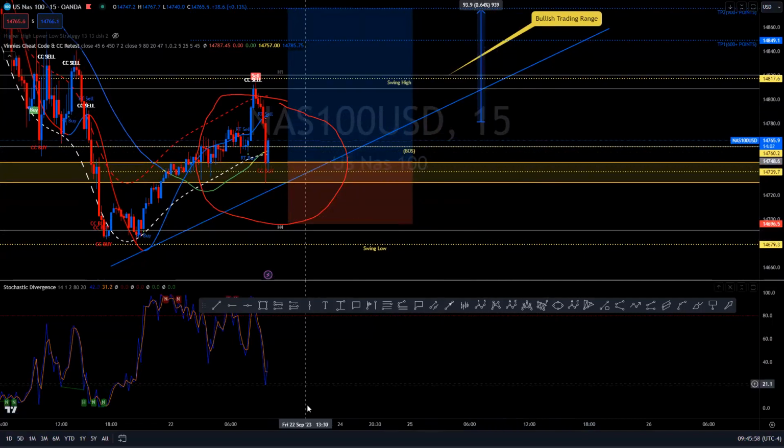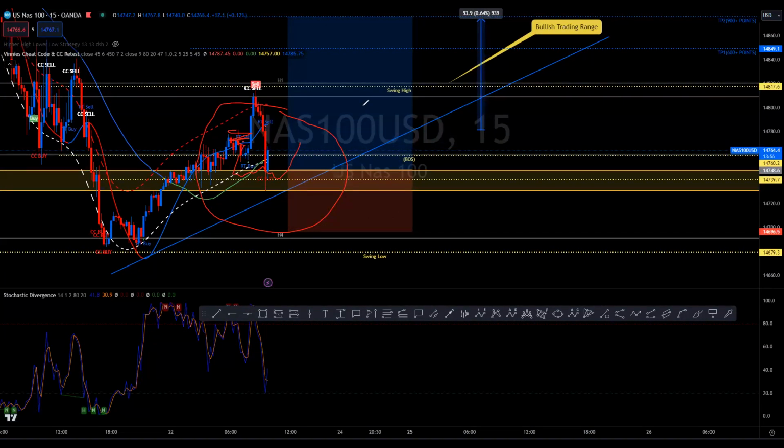I figured that it was going to retest on this structure anywhere around here. You got the cheat code buy. So yeah, love it.